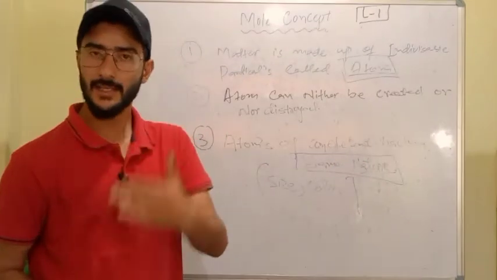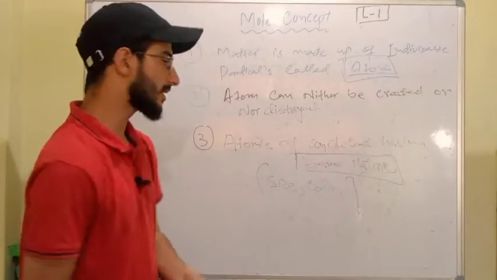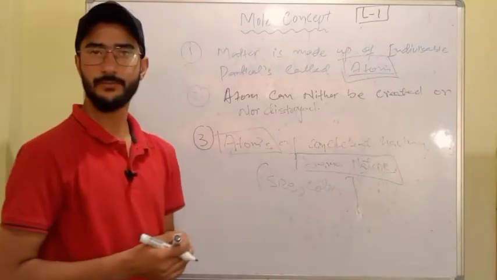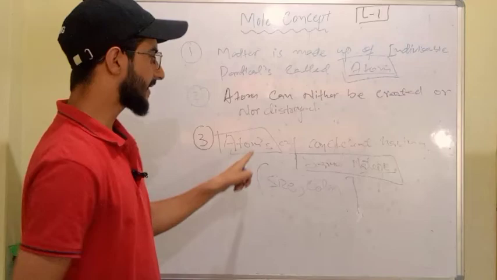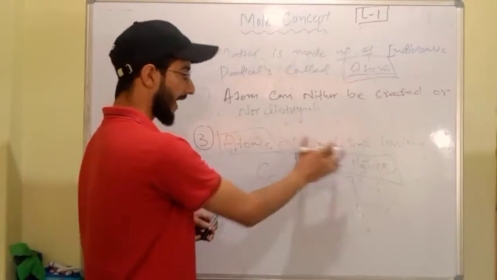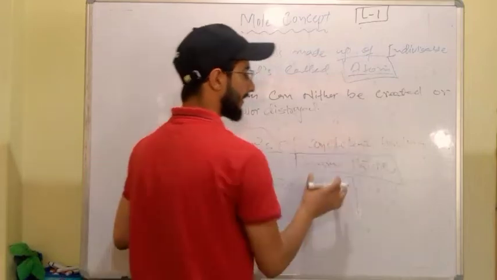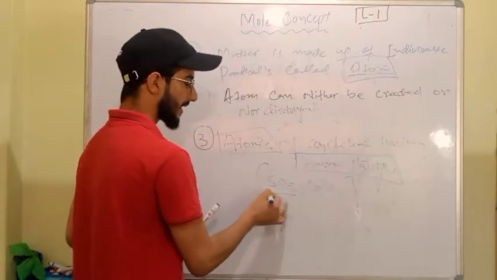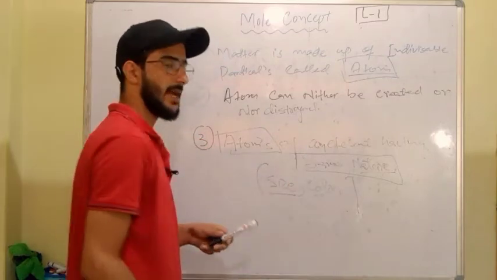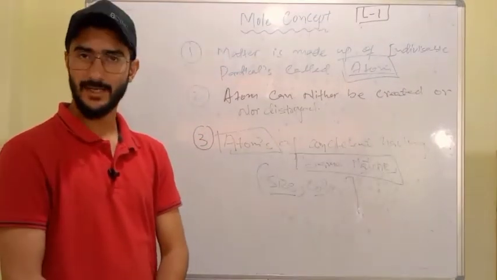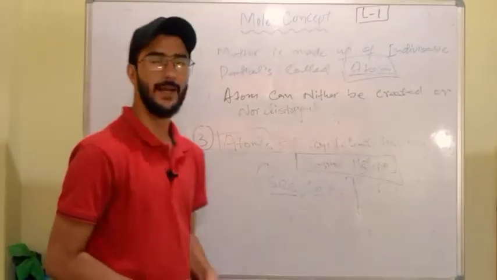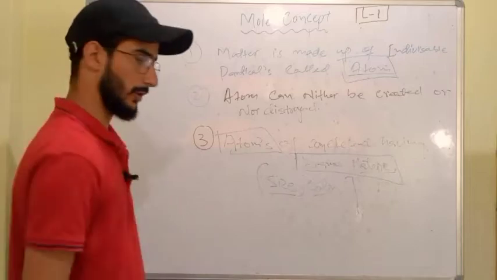We know that elements are those substances which are made up of only a single type of atom, and the atoms of that element have the same nature, which means the size of that atom is the same, the color is the same, and the environment is the same, and all the atoms present in that element have the same environment.